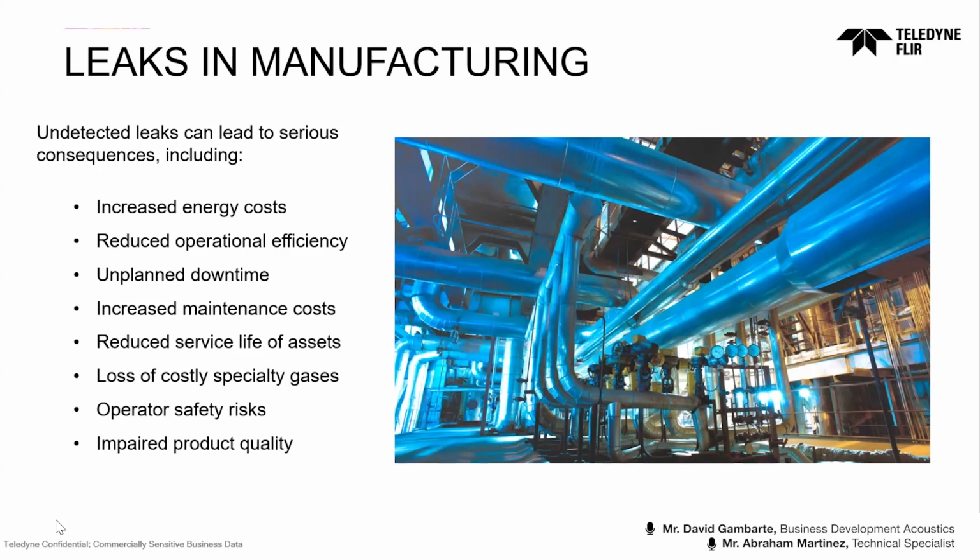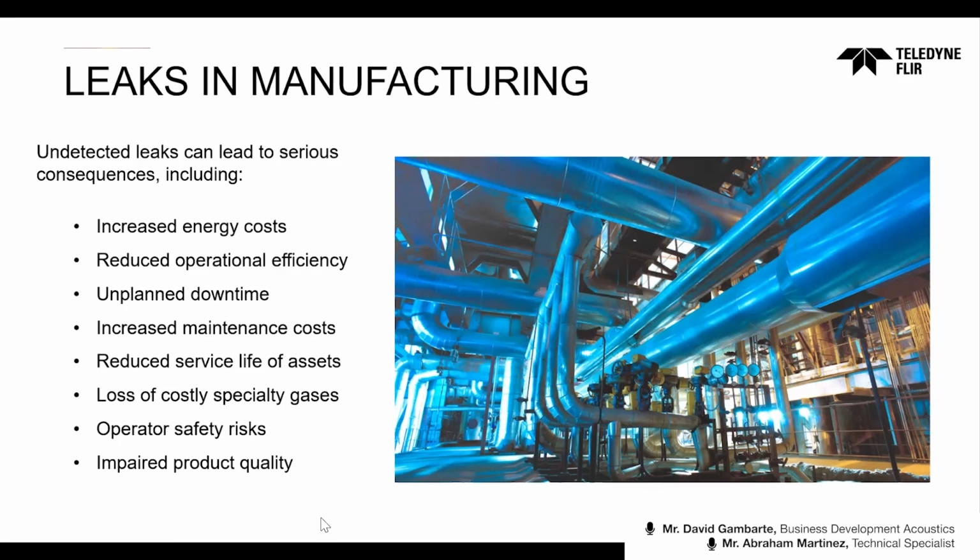The quality of some specific papers, especially low grammage papers, when you have issues in the production machines with the compressor, might actually have big deviations, and that in some specific papers is a big problem for customers. So basically, even compressor leaks might represent quality issues.